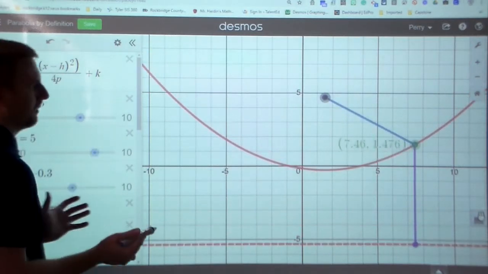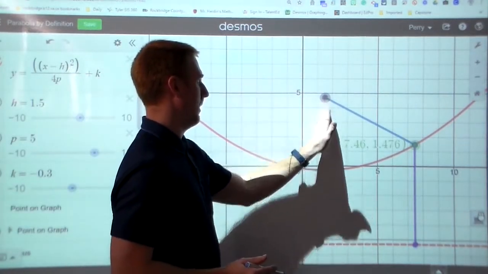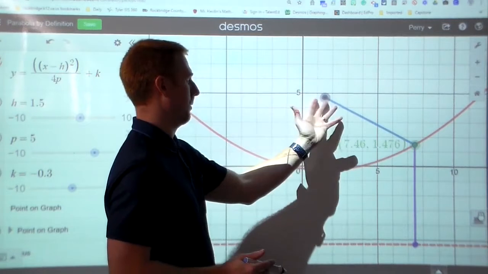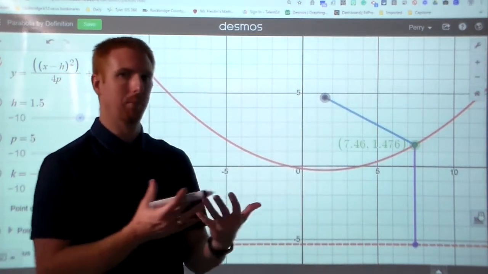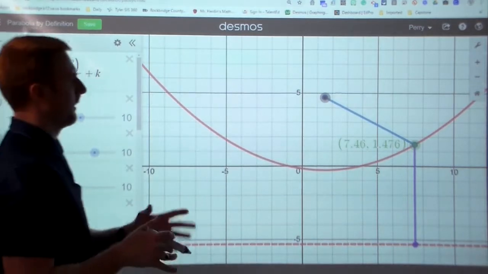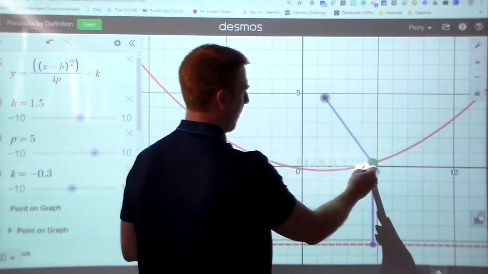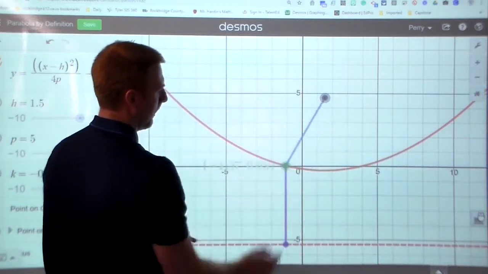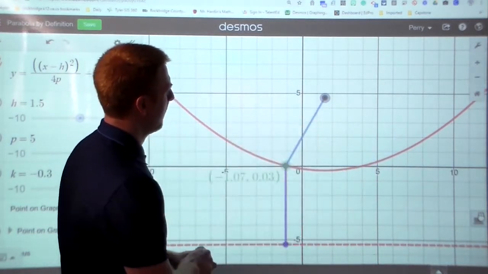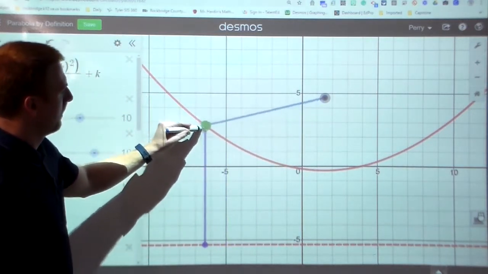That's what's happening. They're exactly the same distance from the vertex. This is above it, this is below it. The focus is inside the parabola, the directrix is below the parabola, or outside of it. Now the other thing to look at, as I start moving this point along the parabola, and I'm drawing these two lines inconveniently, is what's happening to these two lines. Think about what you notice about them.